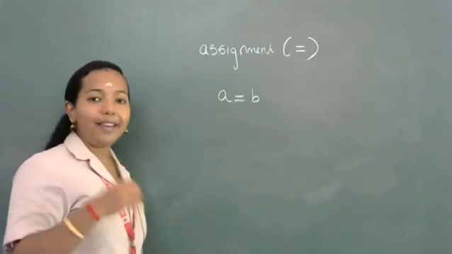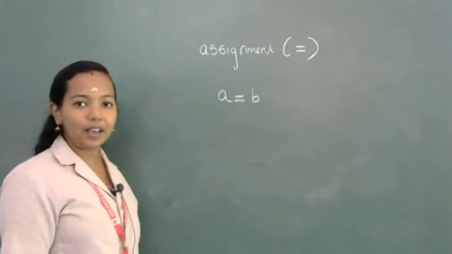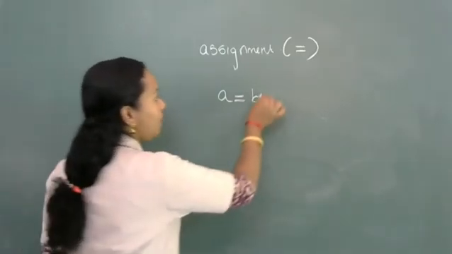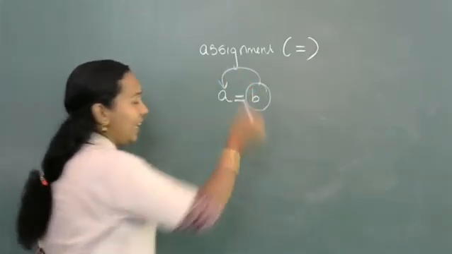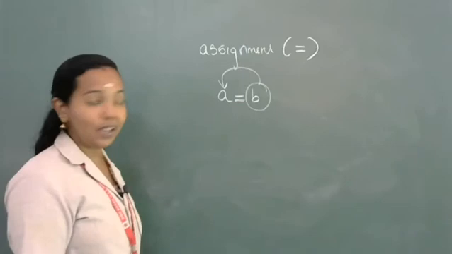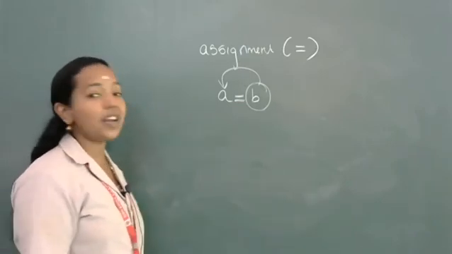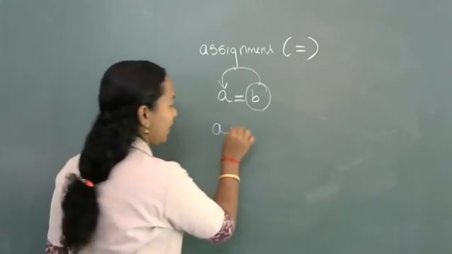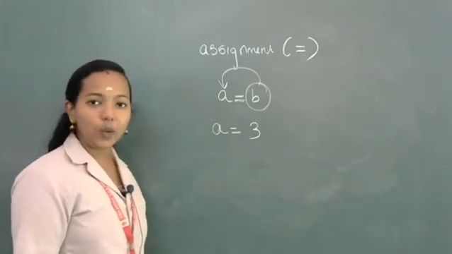Here both A and B are variables. When we write like this, the value present in the right side variable is copied into the left variable. One more example we can write is A equal to 3.